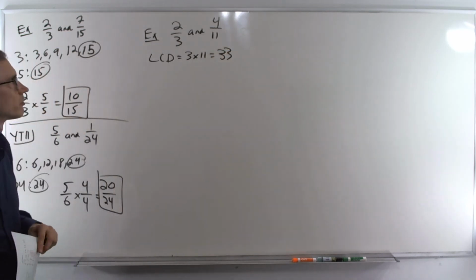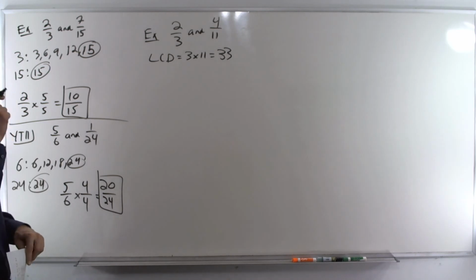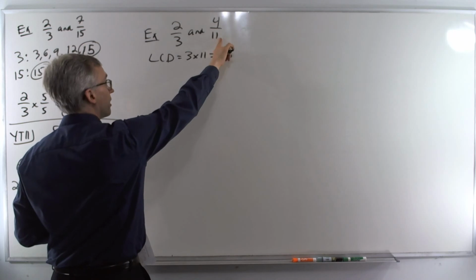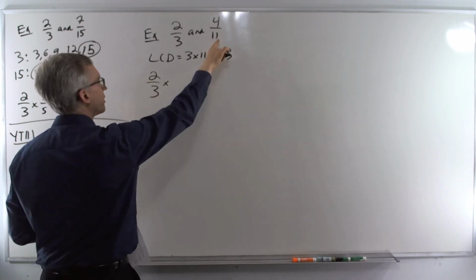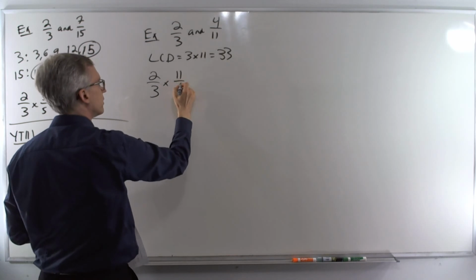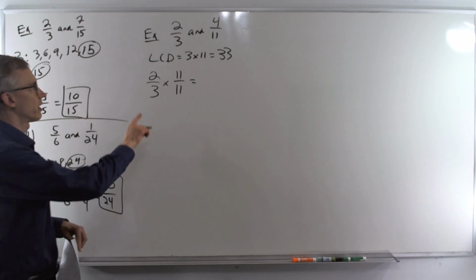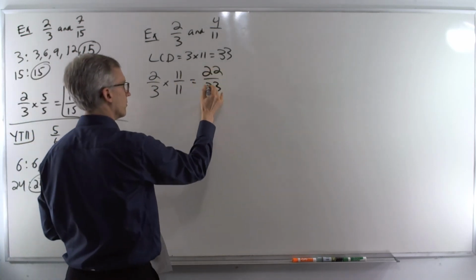When you get these prime denominators, it's a really nice special case because what we're going to do now is just multiply each fraction by the other fraction's denominator over itself. So 2/3, we're going to multiply it by the other fraction's denominator, which is 11, over itself, 11 over 11. Multiply straight across, we get 22 over 33.